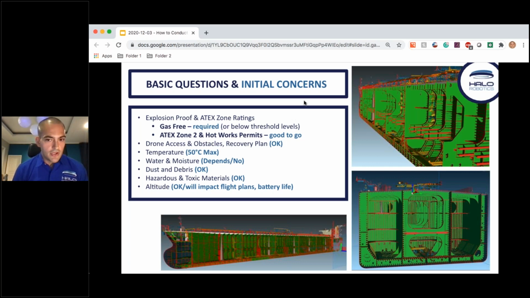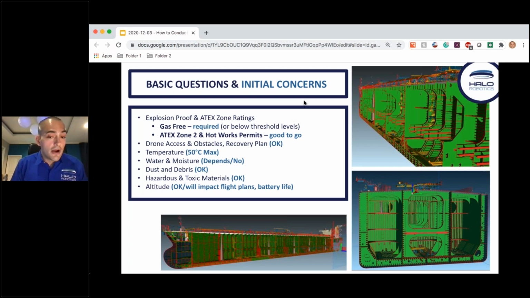The example on the right is an FPSO vessel that stores crude bulk. It's bulk crude oil storage, and there are tubes that heat up the oil so that it's sufficiently viscous to move around and pump.